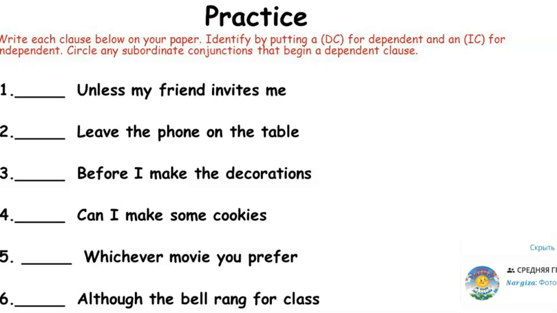Fourth, independent clause. Fifth, dependent clause, whichever is subordinating conjunction. And the last one, dependent clause, although is subordinating conjunction. Okay, you may conclude how many correct answers you have.